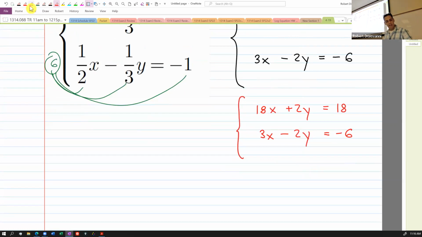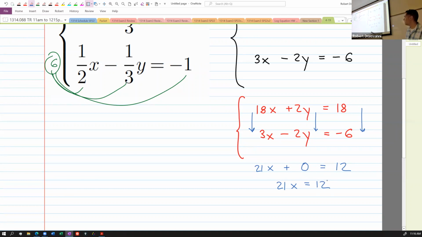And when we add down, what's that? 21x. The y's add up to be 0, right? When we add down there. And we add down there, 18 take away 6, positive 12, right? So we have, at the end of this, 21x equals 12.